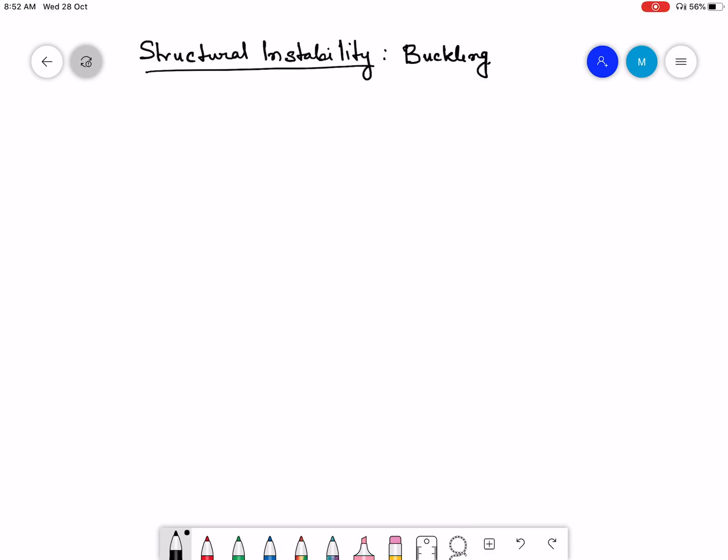So what we will do in this course is start with basic fundamental column buckling and then move into buckling of plates, and then we will go into more complicated forms of buckling which are called torsion flexural buckling.